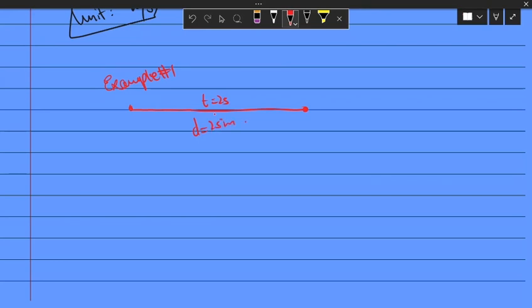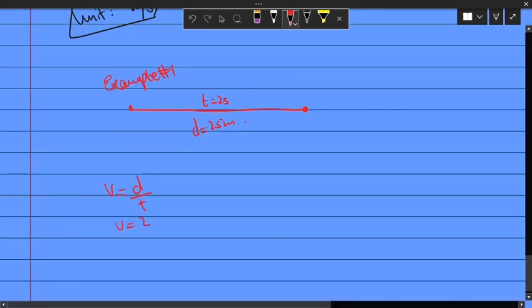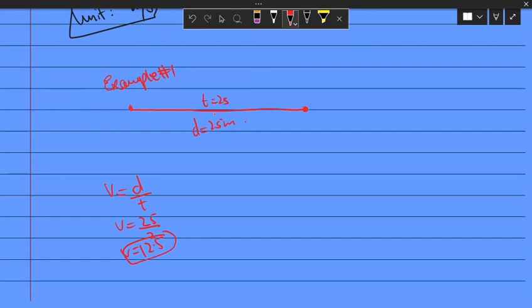So how do we calculate it? We calculate v by d upon t, right? So v will be 25, which is the d, and t is 2. So hence v will be 12.5. Okay. So this is the answer. So we are done with speed and velocity.